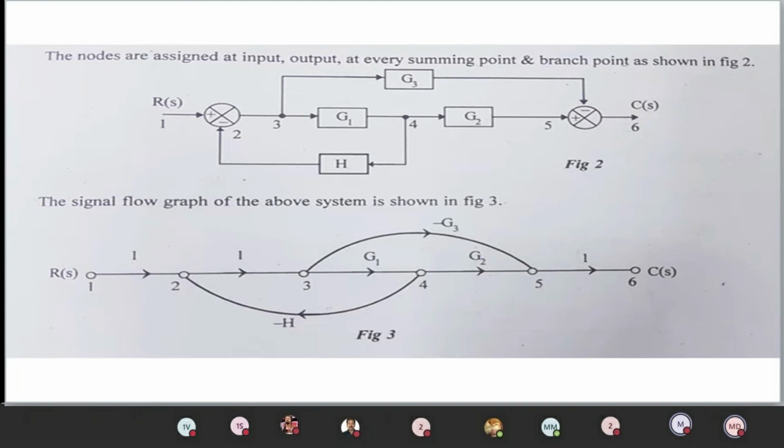Now you can notice that 2 to 3, 3 to 4, 4 to 2, this is one loop. I'm saying once again 2 to 3, 3 to 4, 4 to 2. Then 2 to 3, 3 to 5, you don't have because that's not a loop.